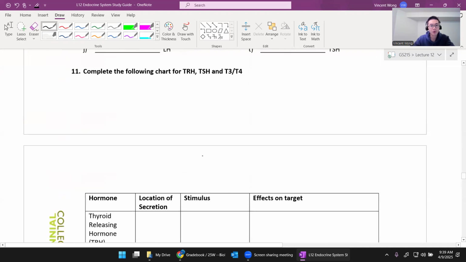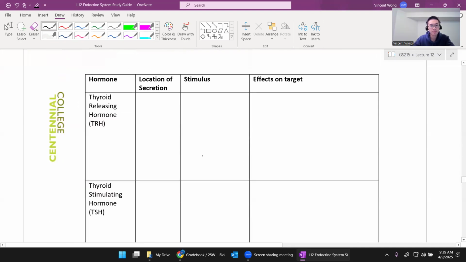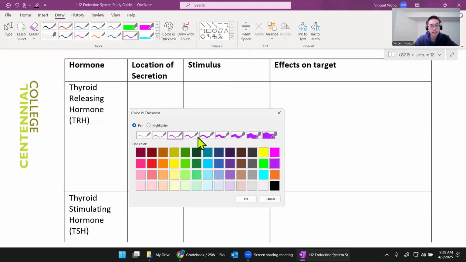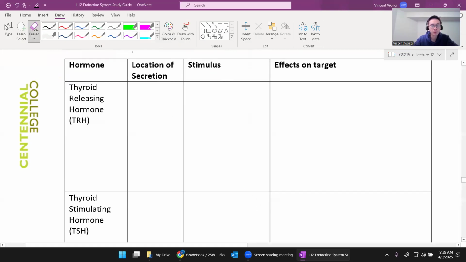Here we have a hormone chart for metabolism. So thyroid releasing hormone. Where is it coming from? Well, if it ends with RH, then we know it's from the hypothalamus.